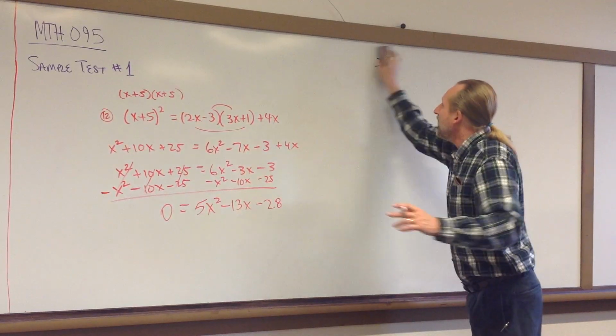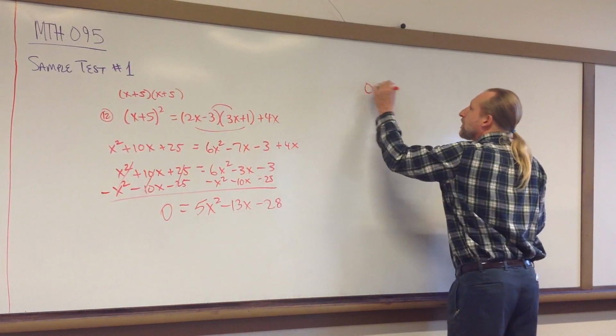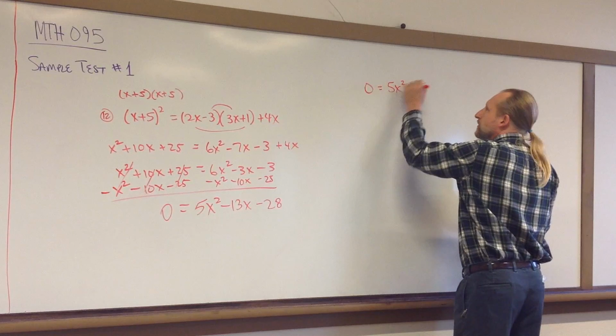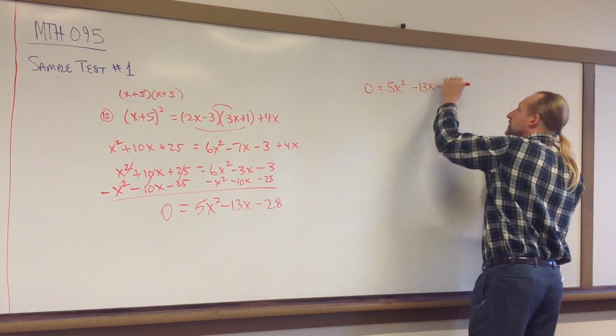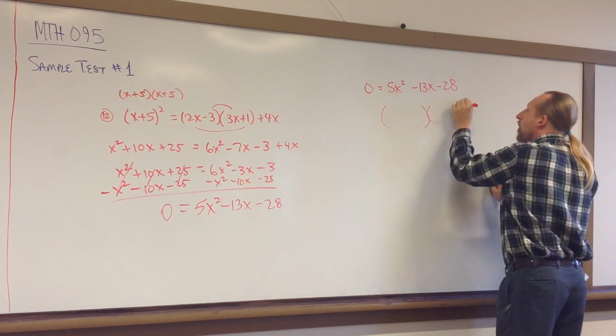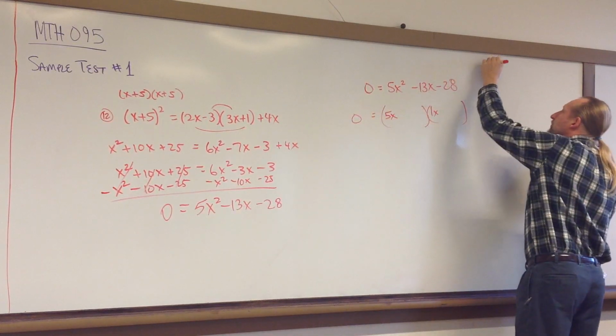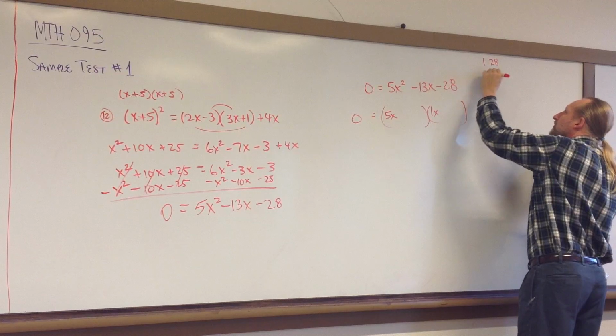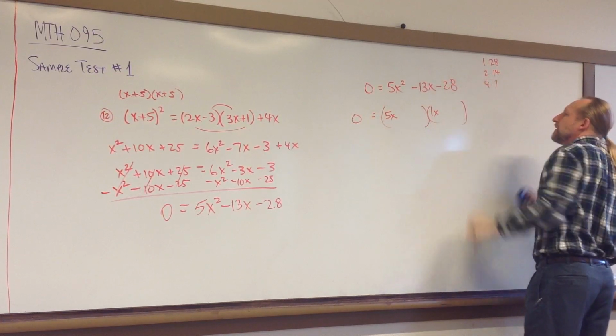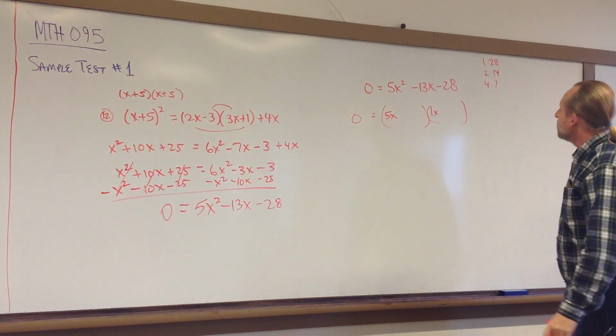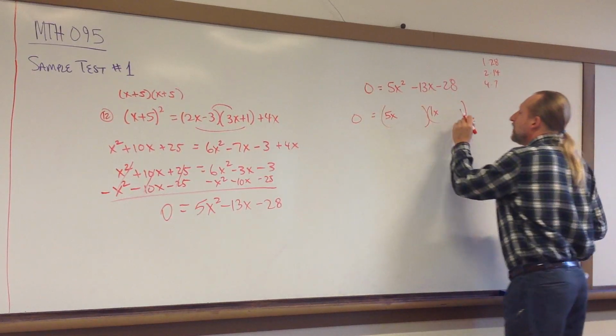It's nice that the 5 is prime, because we don't have a choice for the factors. It has to be 5 times 1, so 5x and 1x. For the 28, we could have 1 times 28, 2 times 14, or 4 times 7. I'll try the 4 and the 7 first.